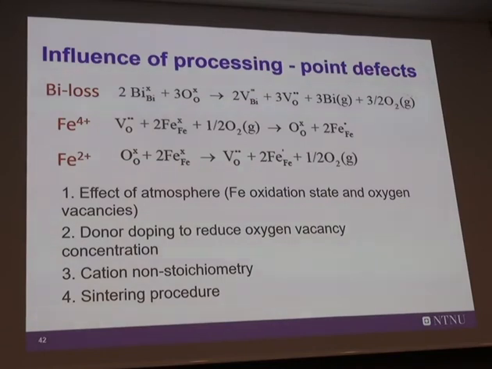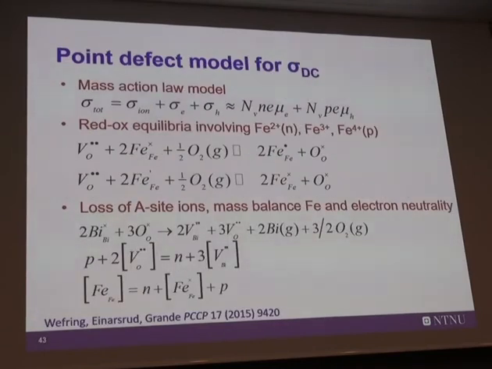So what we did was to put up a mass action type of model, where we are measuring the total conductivity, which is a sum of the conductivity from ions, meaning oxygen ions, electrons and holes. In this case, we just neglected the ionic conductivity of bismuth ferrite, which is probably wrong, but we did it anyway.